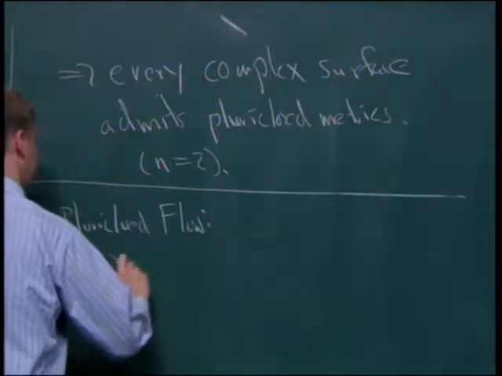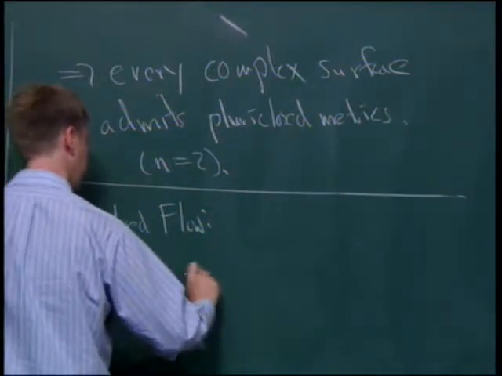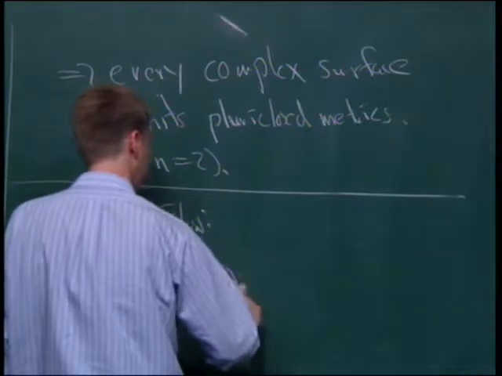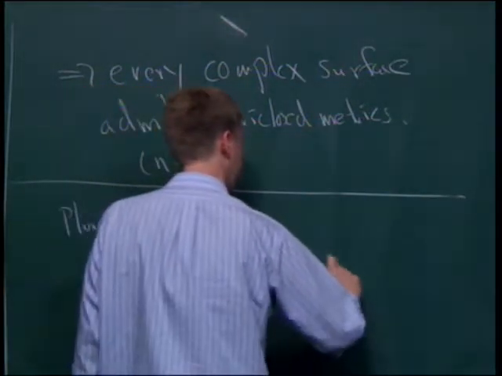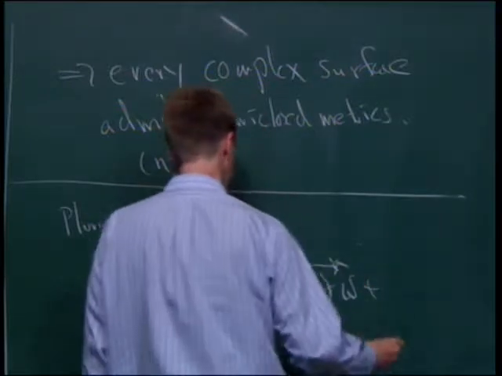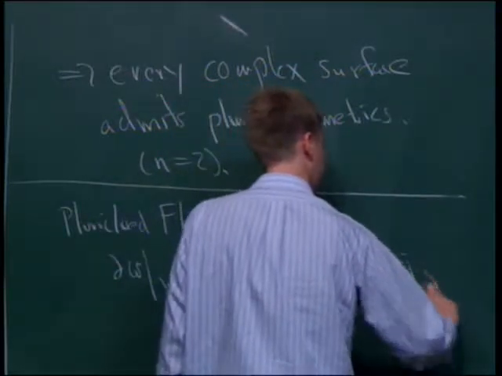It looks like this: d omega dt is del star omega plus del bar star omega plus a first Chern class term.